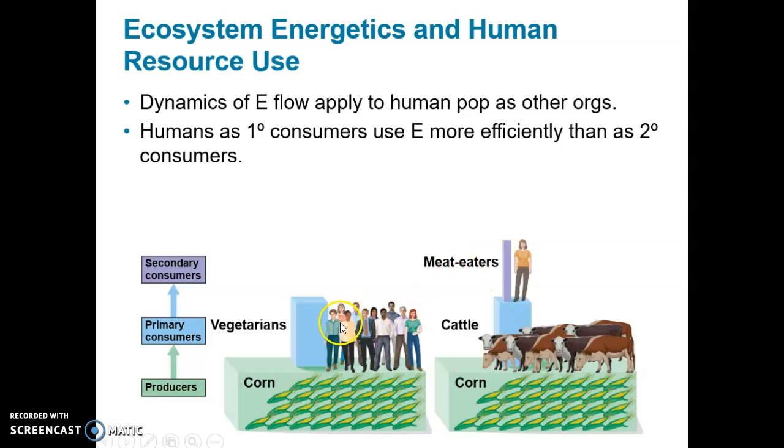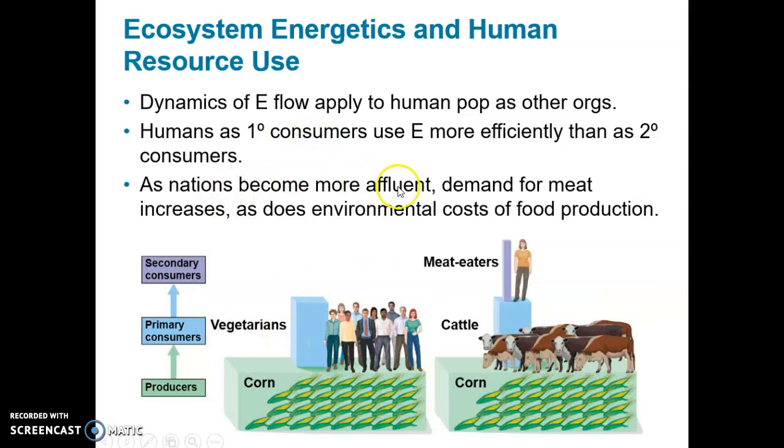Of course, this is not one or the other for most people, but what you can do as an individual person to minimize your harmful impact on the planet is eat more vegetables, fruits and nuts and grains, act more like a vegetarian versus a meat eater. I'm not saying don't eat meat, but it's actually healthier for you and the planet if we eat less meat and act more like vegetarians.